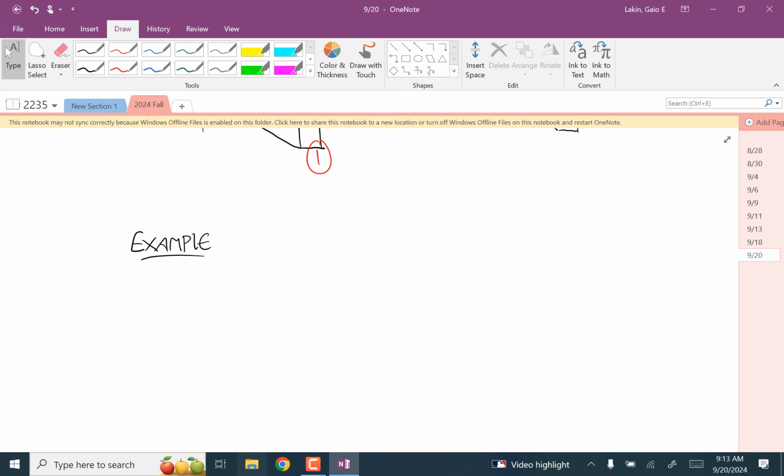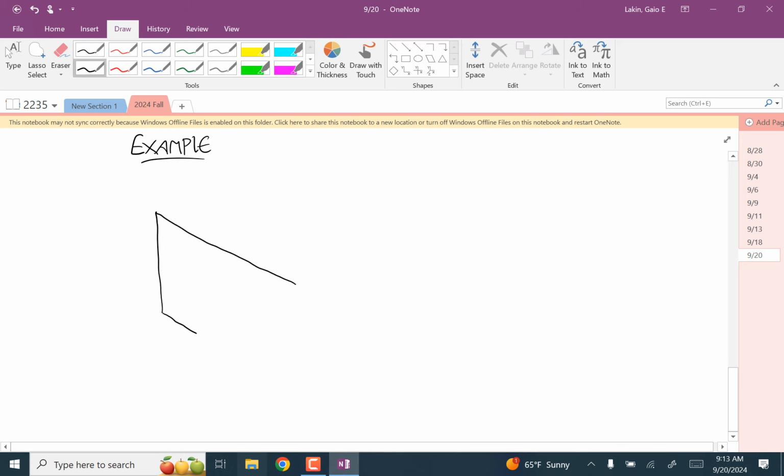So for the first one, let's say there's like a big, you can think of it as like a sign. And it's being supported by a ball and socket joint over here.